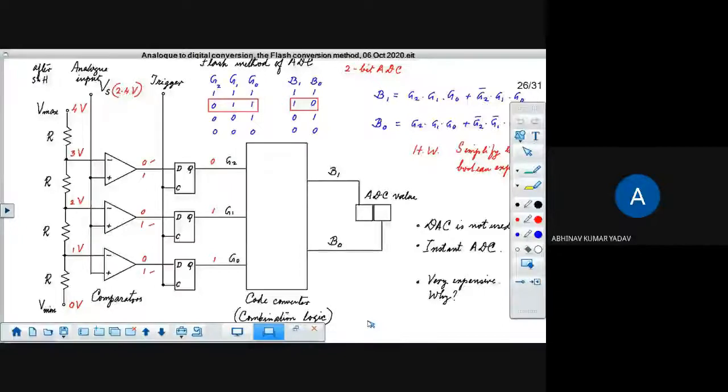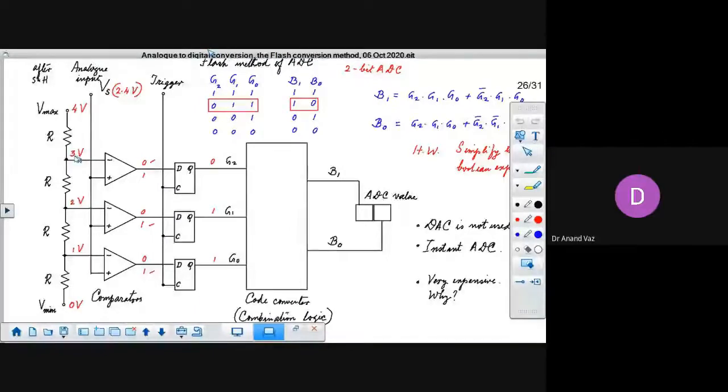Of analog to digital conversion, and we saw that if the signal is in the range between Vmin and Vmax, we can break this range into several smaller, equal parts.